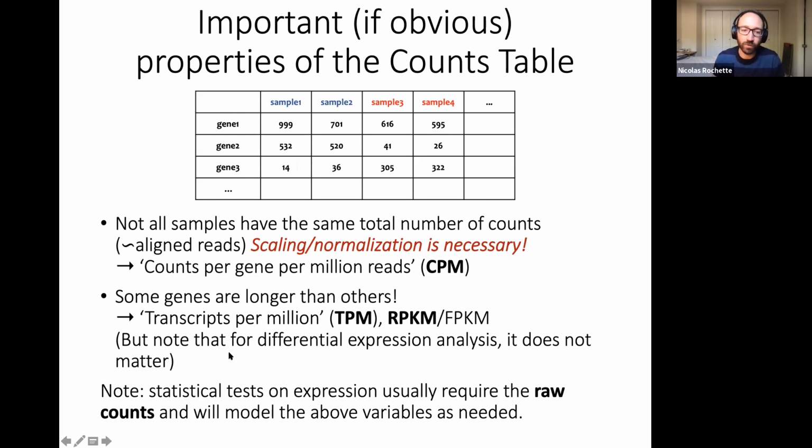But then for absolute gene quantification, there's another obvious factor, which is that some genes are longer than others. So when we have a gene that's 3 times longer than another gene, if we see the same density of reads, then that gene is going to have 3 times as many reads.